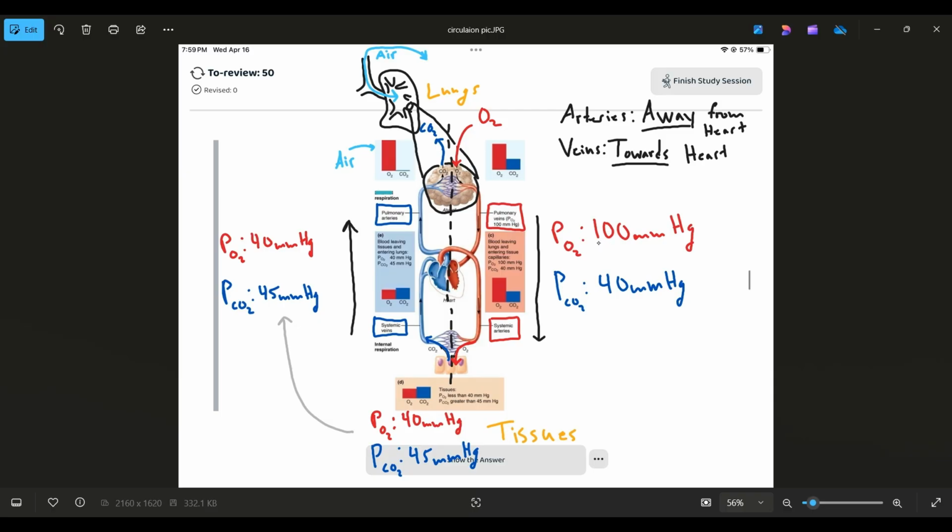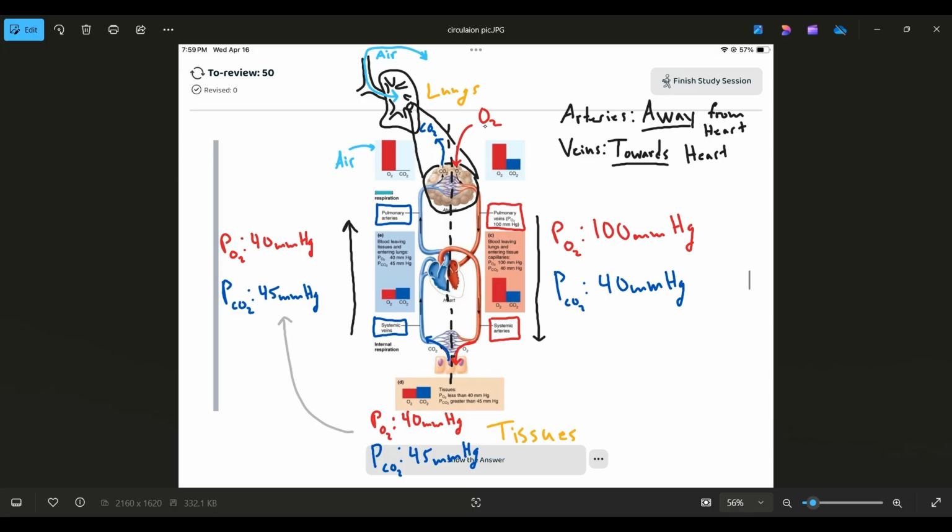So 100 millimeters of mercury of oxygen, 40 millimeters of mercury of CO2. The tissues have a lower pressure of O2 compared to the systemic arteries, and so oxygen is going to diffuse out of the systemic arteries and into the tissues, moving from low to high pressure. My bad, I misspoke. High pressure to low pressure. I might have misspoke earlier too when I was talking about oxygen up here.